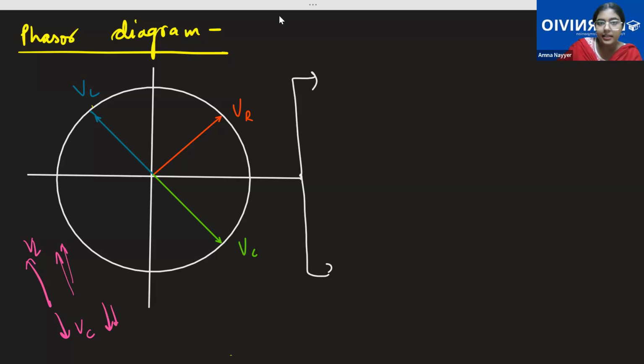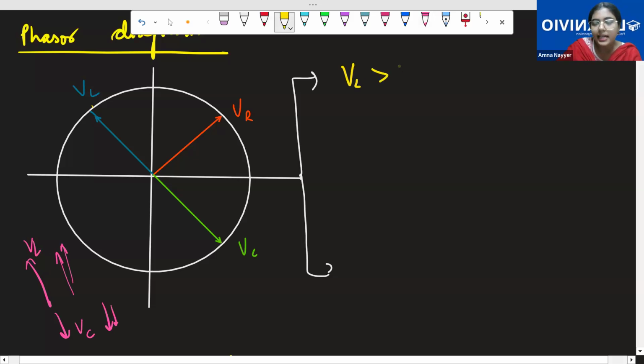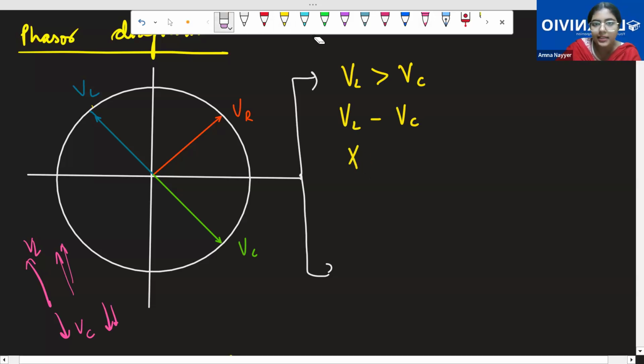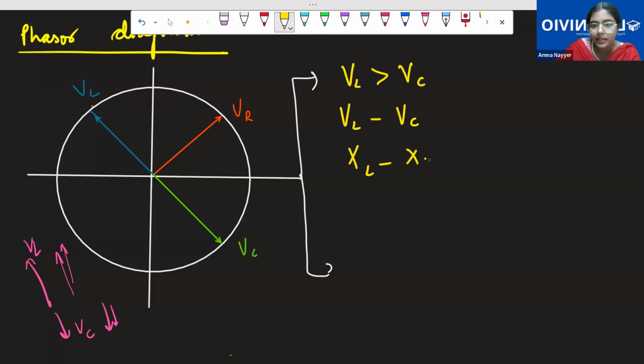Means if I say VL is greater than VC, then we can use VL minus VC, or the same thing, XL minus XC, for the voltage and the resistance.